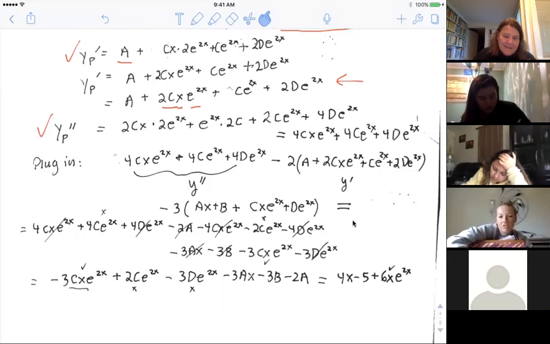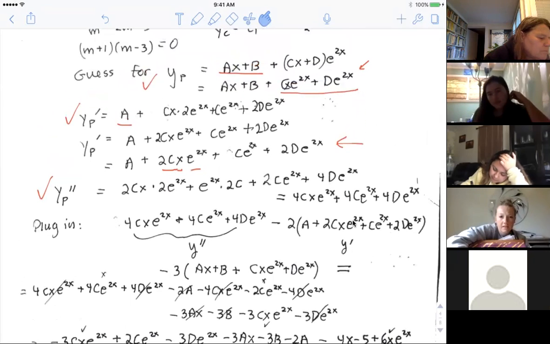Dr. Harrell, quick question. Yeah. Haley. When you took the first derivative, I see the a drops out from the ax, the b goes to 0, and I see you have 2cx e to the 2x, because you multiply by the chain rule there.